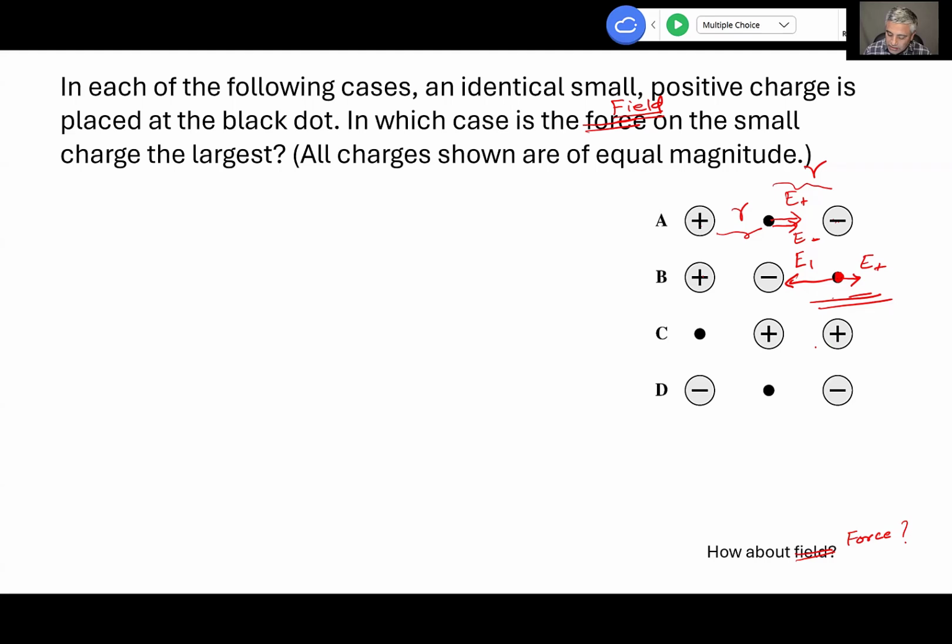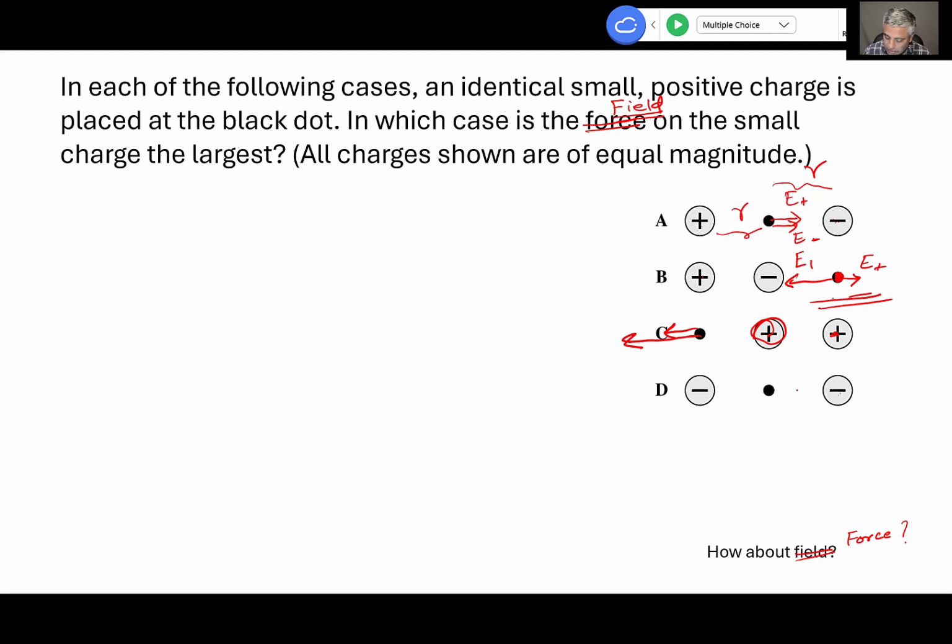And over here, let's see what happens. The positive one is closer, so it is going to push harder. And this one is a bit farther, but it's still going to be pushing, just a bit lower. And how about here?